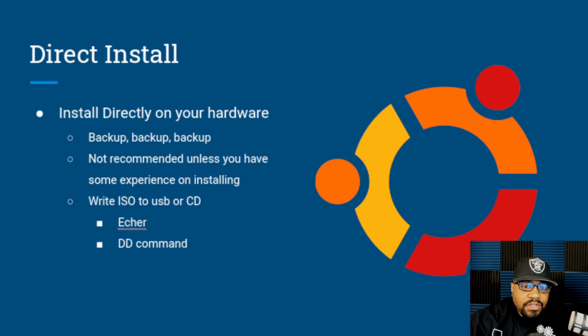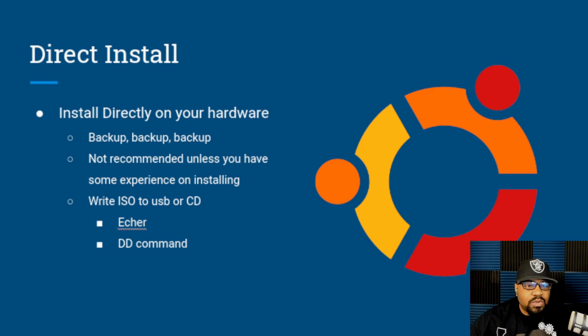Now, you can install it directly to your hard drive, but I definitely don't recommend you do this for this course unless you have a secondary computer. Because when you install it directly on your system, you have to make sure you have a backup of all your files.